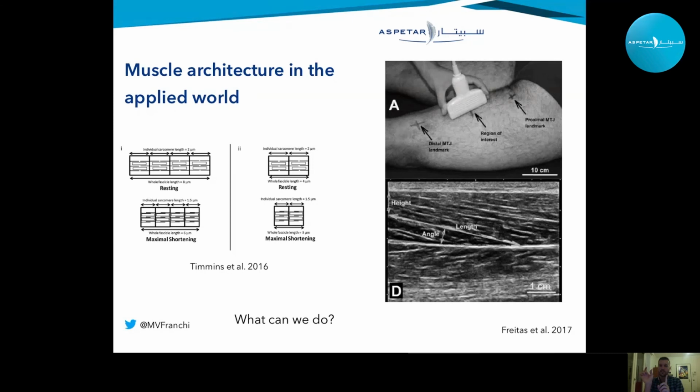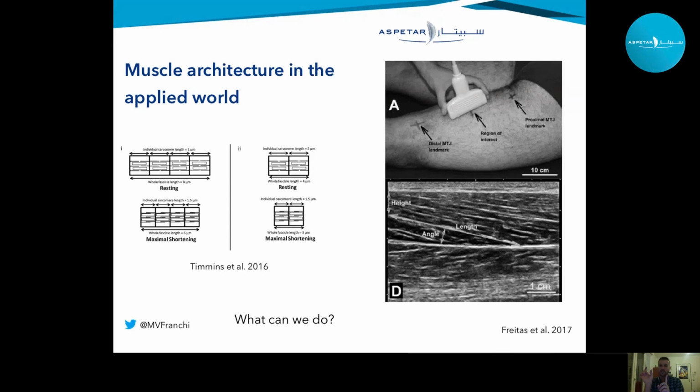And one of the theories proposed by Ryan Timmins was that if I elongate the fascicle, if I put more material in series, then I will be able to have a fascicle that can sustain strains a little bit better and produce higher forces at longer muscle lengths as well. So to have a sort of protective effect of lengthening these fascicles.